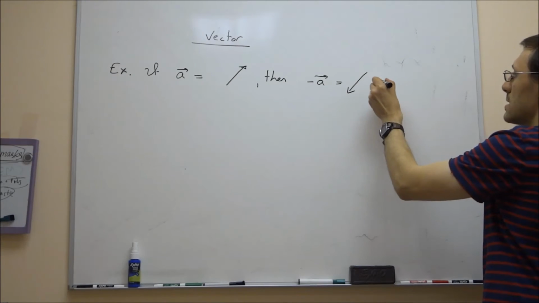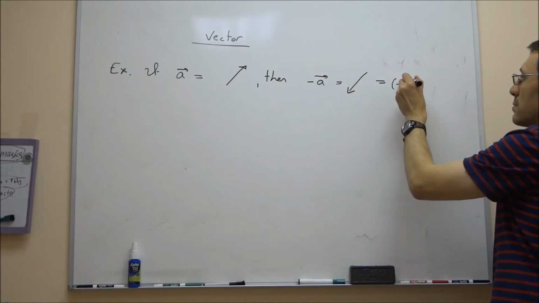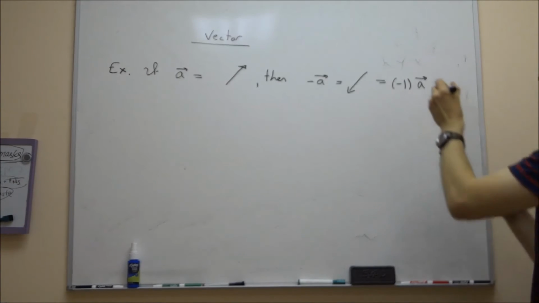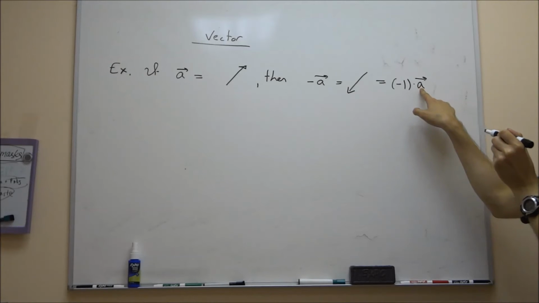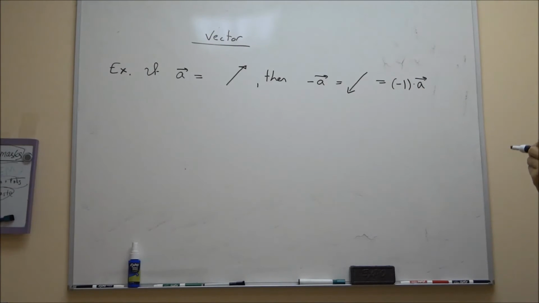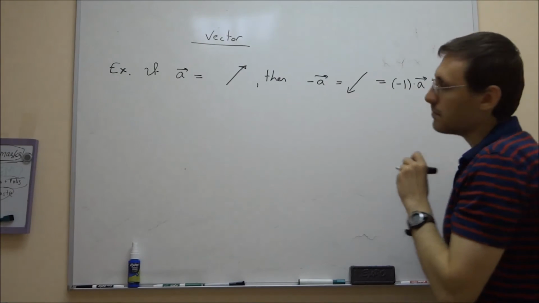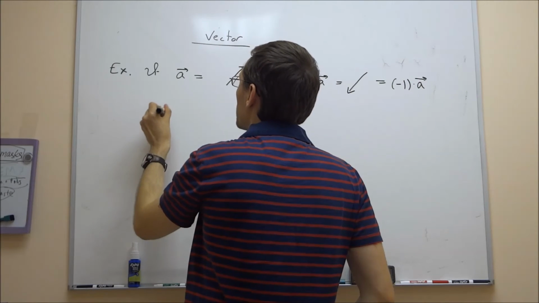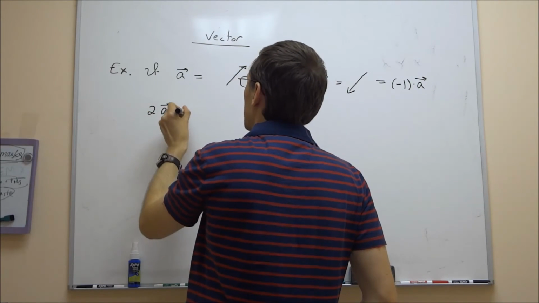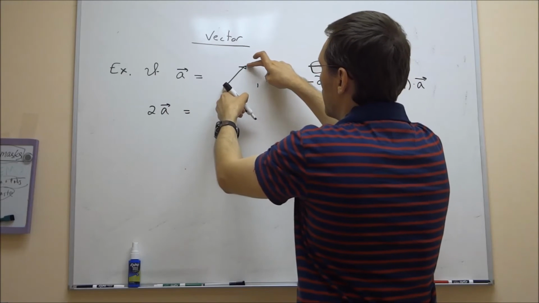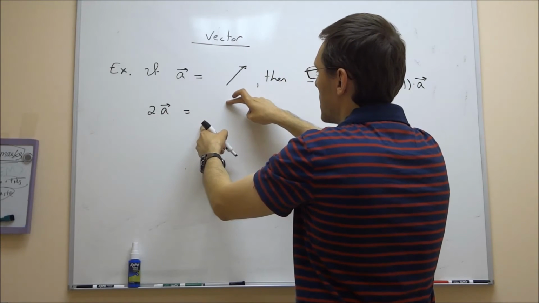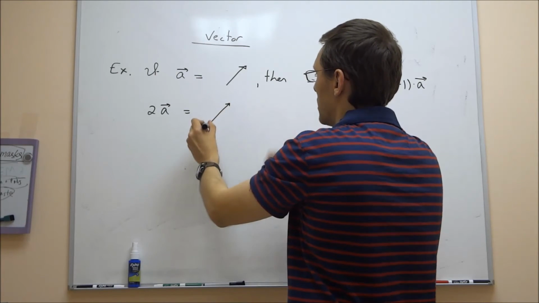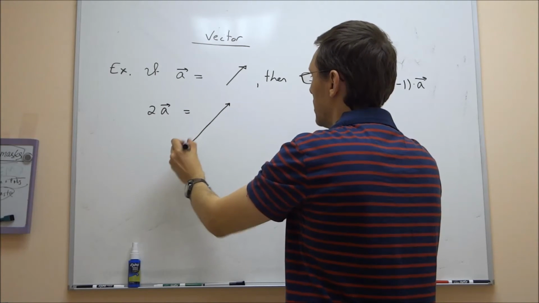And this is the same as -1 multiplied by the vector a. Here is -1 the scalar multiplied by the vector a. So 2 times a would then be equal to this vector. You keep the same direction, but you just make it twice as long. So here is the vector, and you make it twice as long.